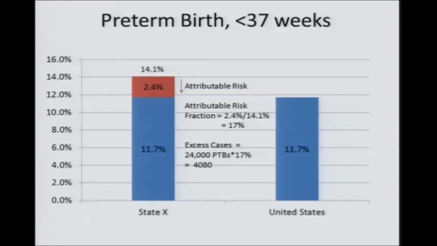So 17% of their preterm birth could have been prevented if they had the preterm birth rate of the nation. And then when you multiply that attributable risk fraction by the number of preterm births in the state, that translates to 4,080 that could have been prevented.